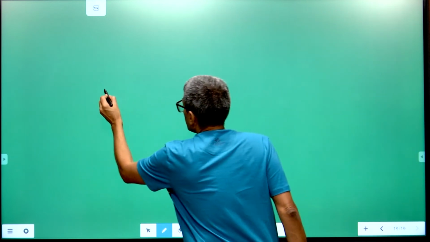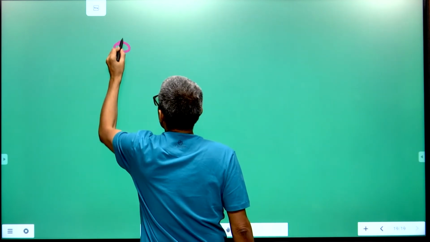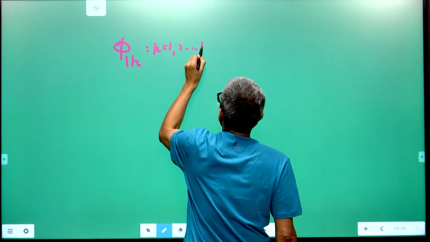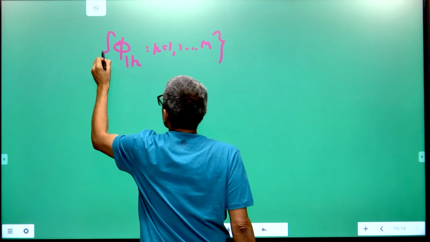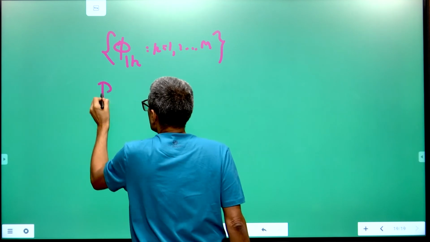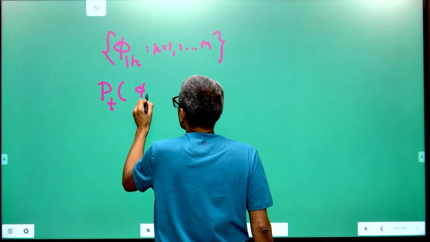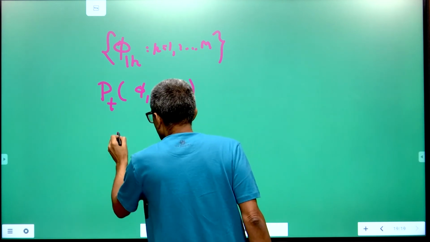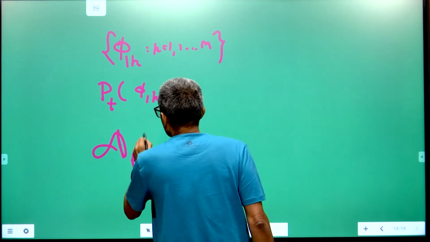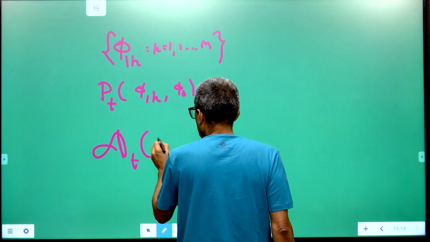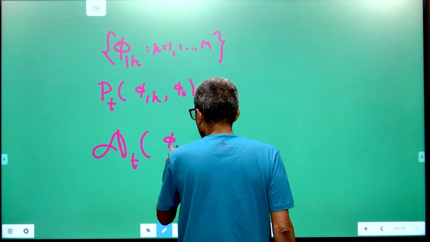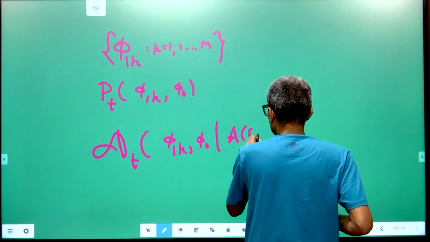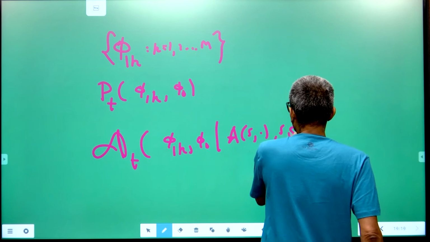That means that when you have a desired set of final states phi 1 k, k equals 1 to m, you want this to match p_t of phi 1 k given phi 0 for each of these. So you are computing it using this method: the amplitude of phi 1 k given phi 0 given A(s), s less than or equal to t.